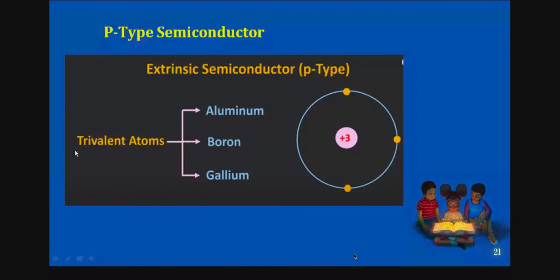Those are trivalent atoms. That means their valence electrons, right? Trivalent means you can see three electrons in the outermost orbit. Okay. So these are responsible for the electrical conductivity of p-type semiconductors, right?